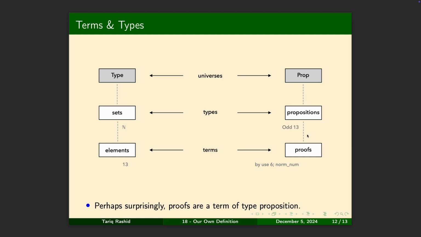That's interesting, isn't it? So we're saying a proposition odd 13, there are proofs that belong to that thing called a proposition. And there could be multiple proofs actually that belong to that, just in the same way that 13, 14, 15 are elements of the natural numbers. I can have different proofs of odd 13, but they belong to it in that sense. There is an ownership relationship there.